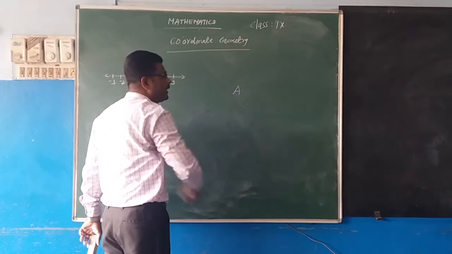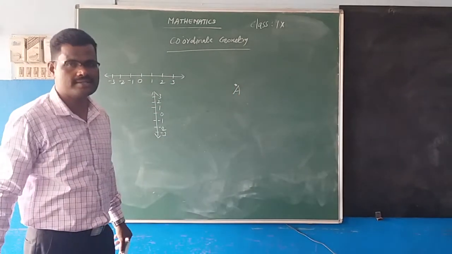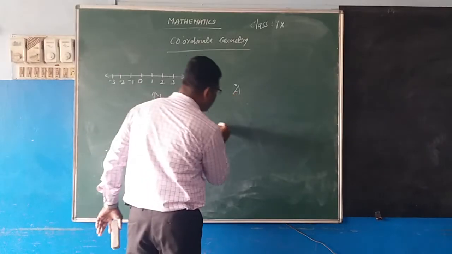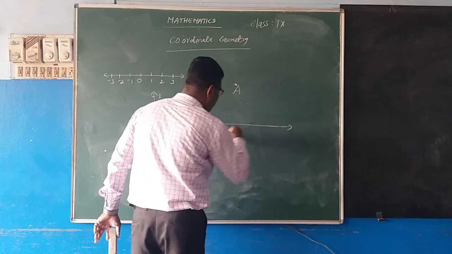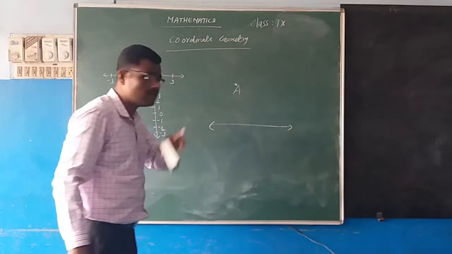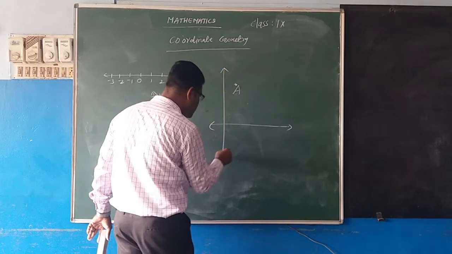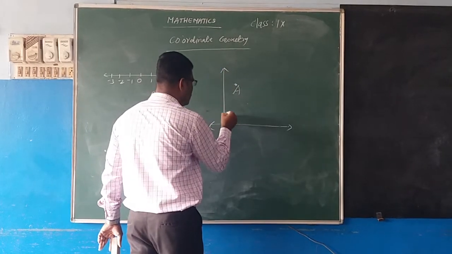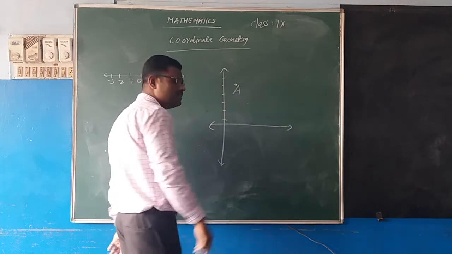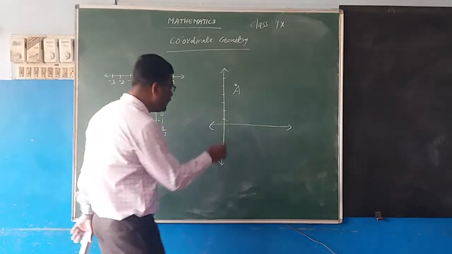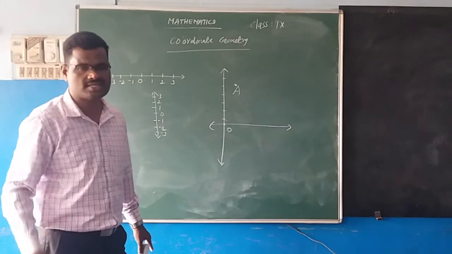As I said, it is a plane and it is a point. We cannot locate the point. Suppose this point lies nearer to this number line, or with that number line. When two number lines intersect each other at a point O, then these number lines are called axes.